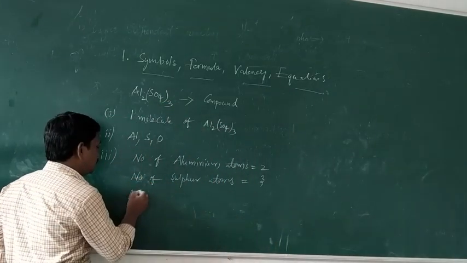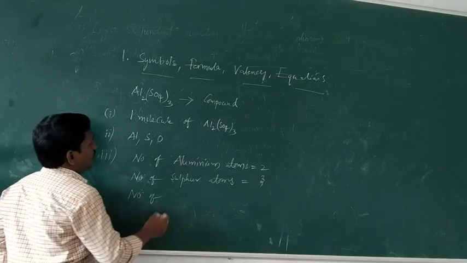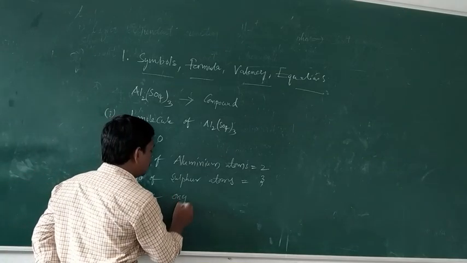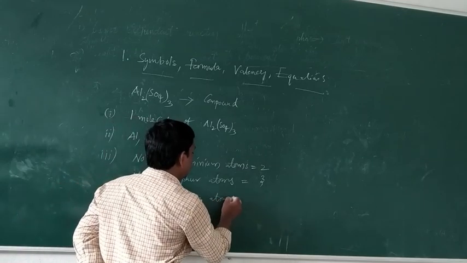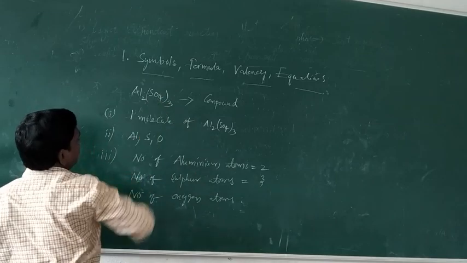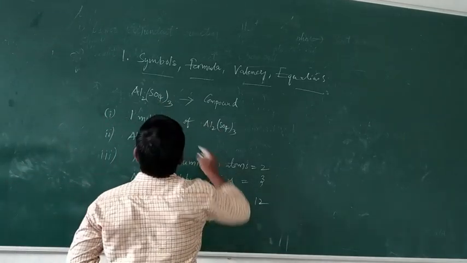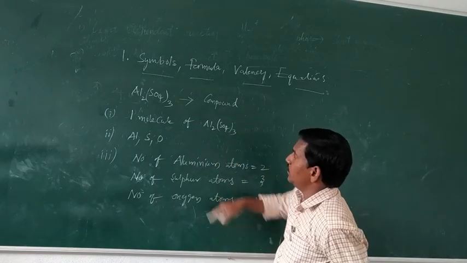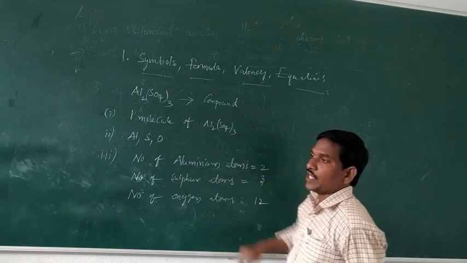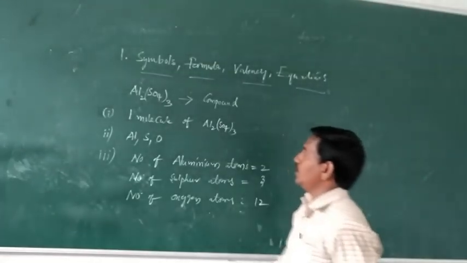Number of oxygen atoms: 3 fours are 12. It means 3 fours are 12. Here Al2(SO4)3, aluminum sulfate.